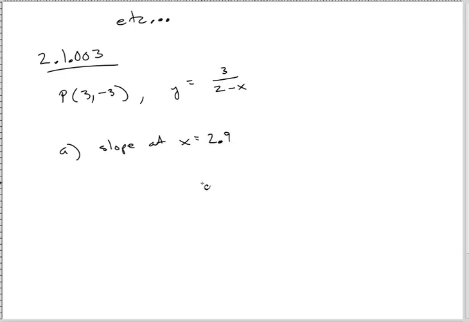The thing is that we have this point here, and this 3 is really close to 2.9. In a way, we're still doing a secant line. We're still doing 2 points to make this thing up.